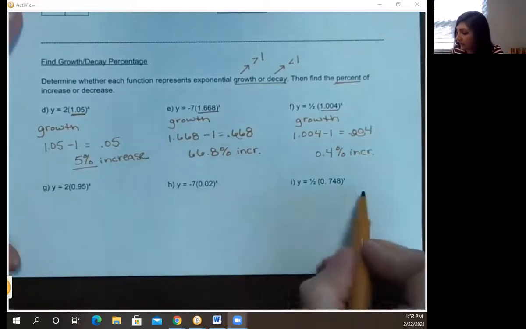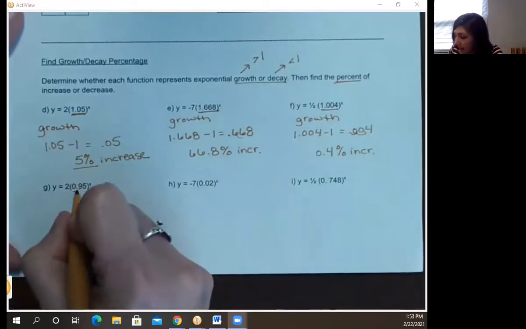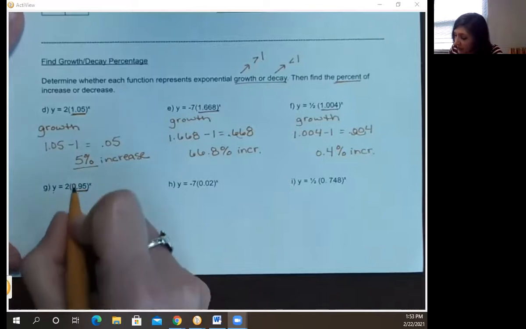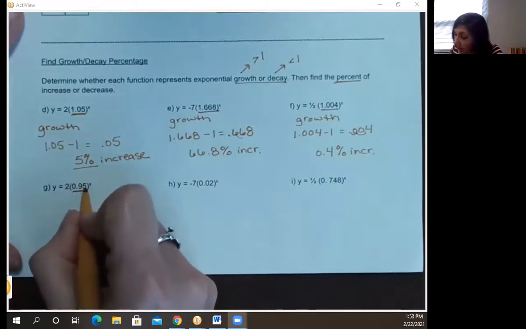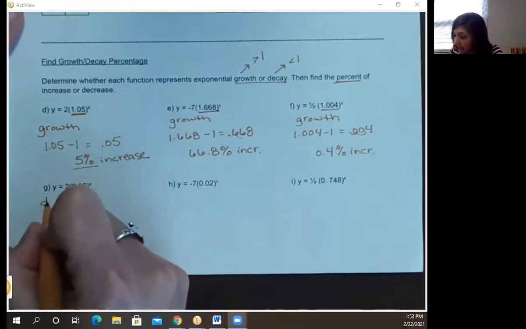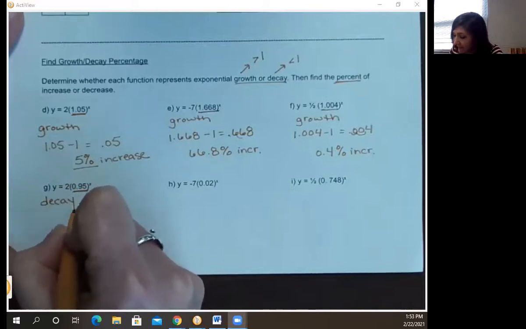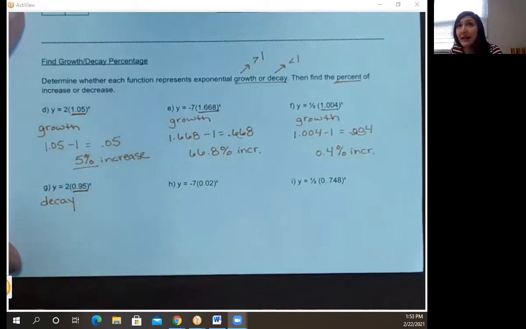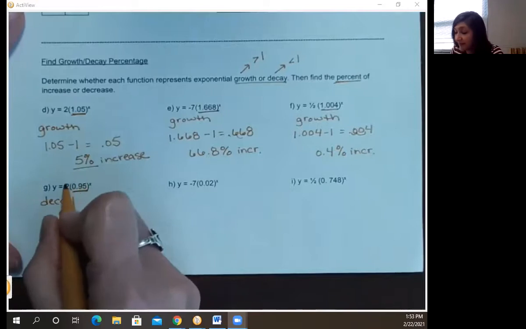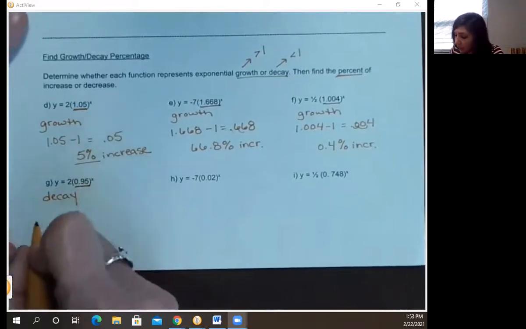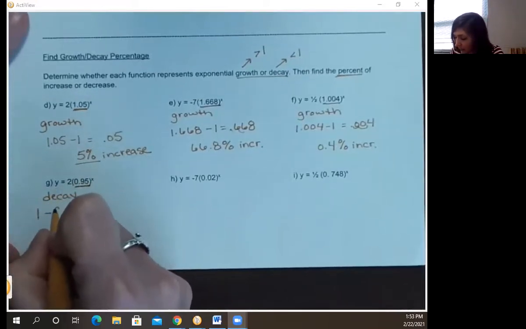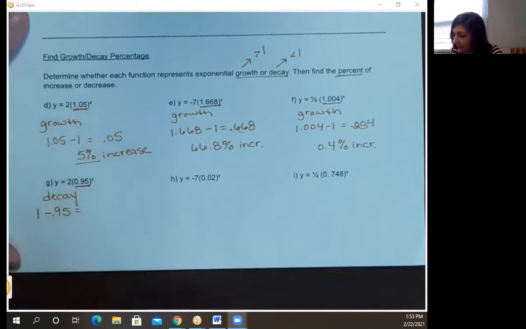Now for our bottom line here, again, I'm looking at the base for my exponent. Notice for G that the base for our exponent is less than 1. So that means this is decay. Again, to find that percent, I'm going to look at the difference from 1, but 1 is bigger than 0.95. So I'm going to subtract 0.95 from 1 this time.